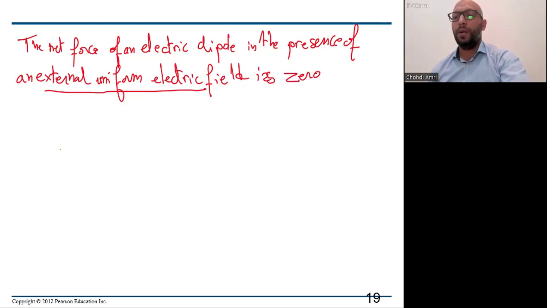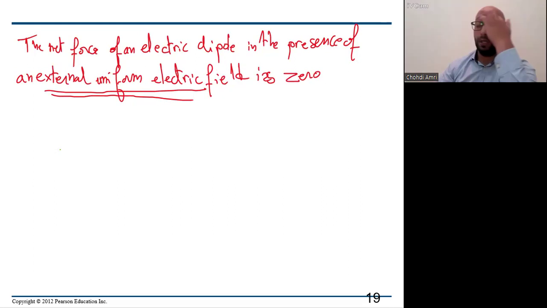And we have to underline in the presence of a uniform electric field. This is only valid when we have a uniform electric field.